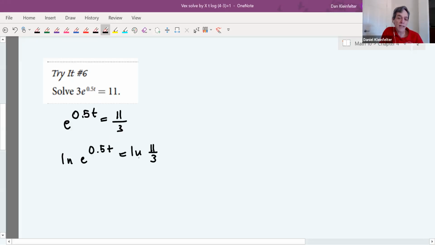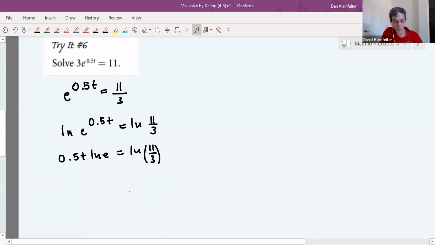Okay, so then we'll bring that 0.5t around front using our third log property. Nothing happens on the right side. And then natural log of e is 1. So we have 0.5t is equal to natural log 11/3.